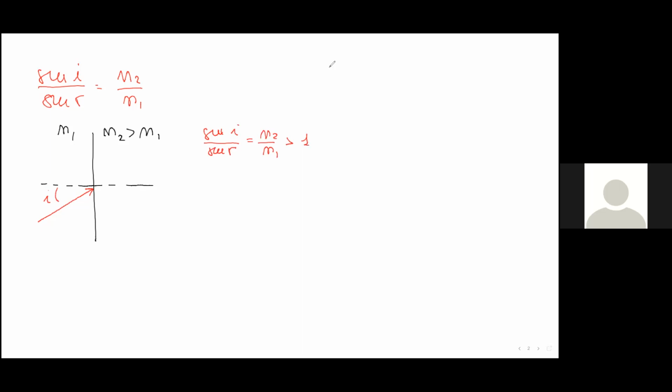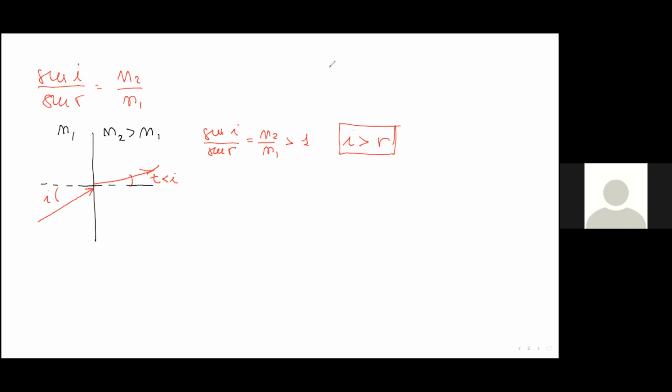That means that this angle i is larger than t. So in this particular case, you will have refraction here, but the transmitted angle will be smaller than the incidence angle. So the light beam, when it passes from a medium that has a lower refractive index to a medium that has a larger refractive index, is bent towards the normal to the surface. It's pushed to the normal.